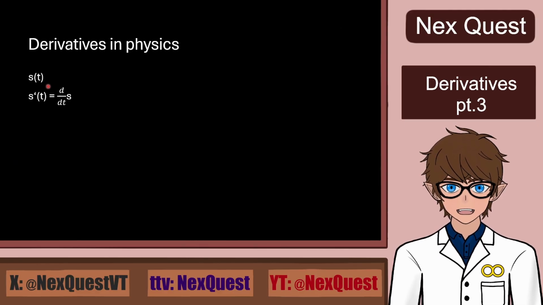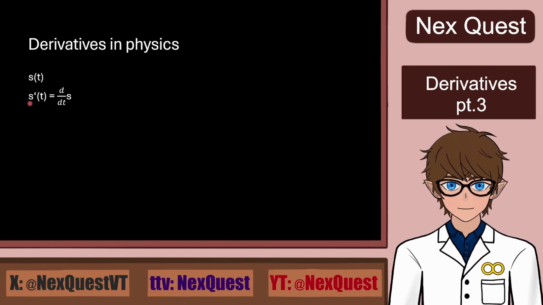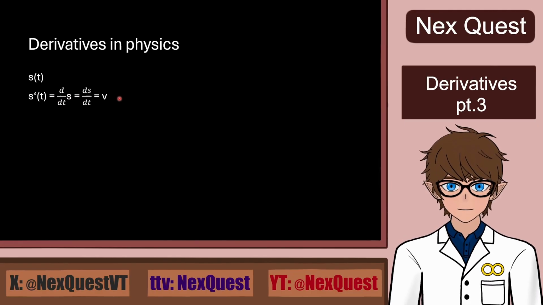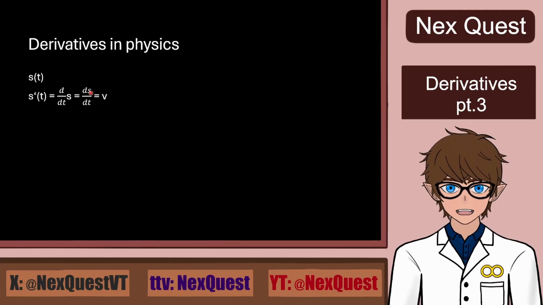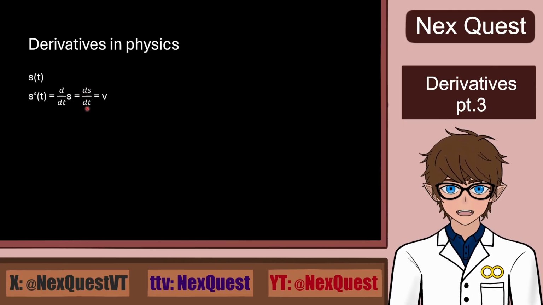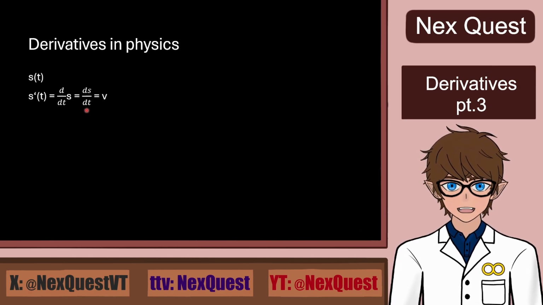And this marking with the prime can be confusing as to what I'm talking about. I'll rewrite it as d over dx, or in this case, d over dt. And we don't have to do much. This gives us a change of position divided by change of time. But so how does our position change as time progresses?